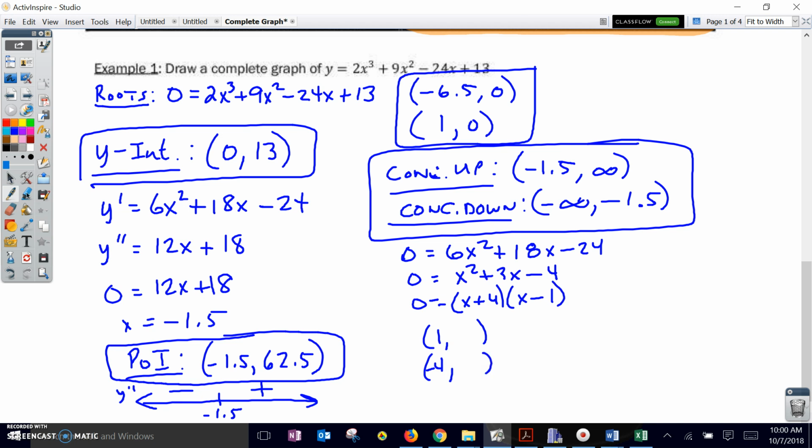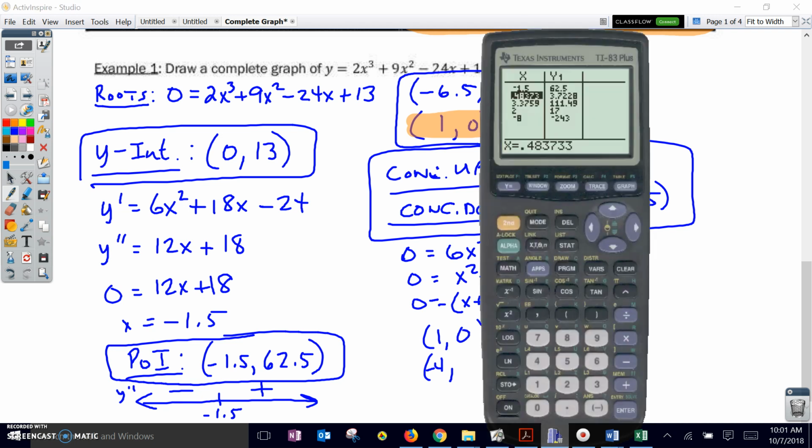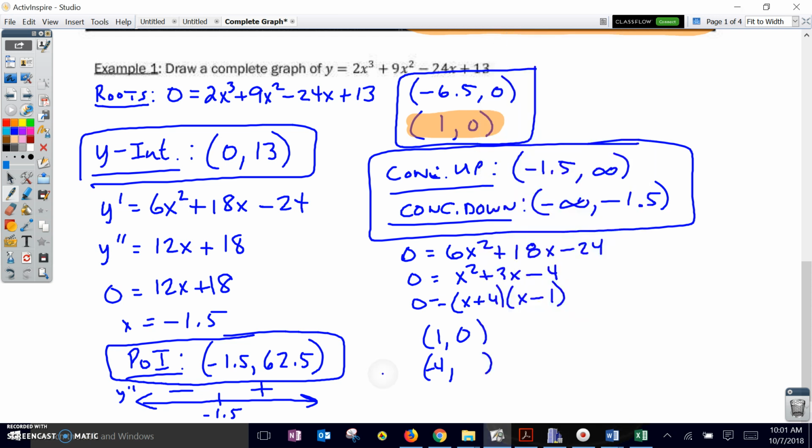By the way, we already found the y-coordinate at 1 up here. So we've got a maxima or a minima there. And now we need to put negative 4 into the function to get the y-coordinate of that value. That's 125. Alright, now my sign chart for my first derivative.